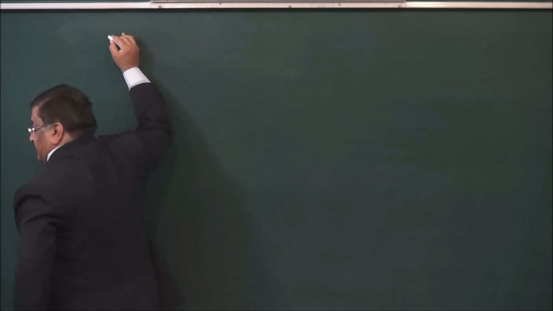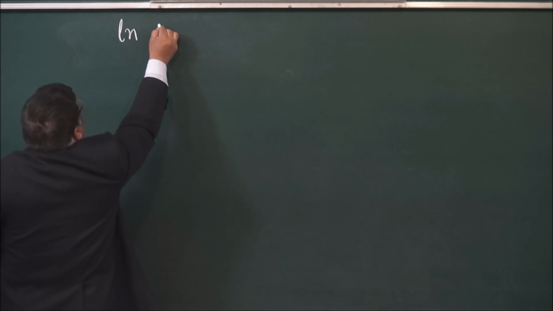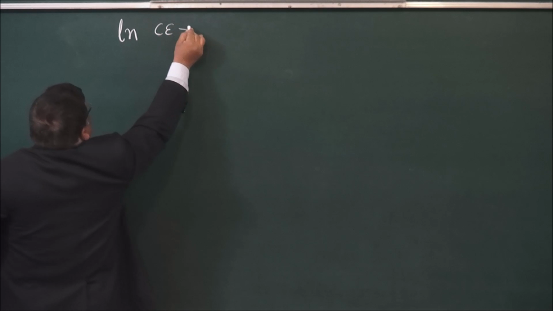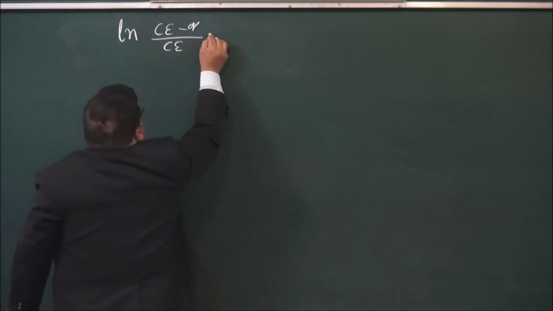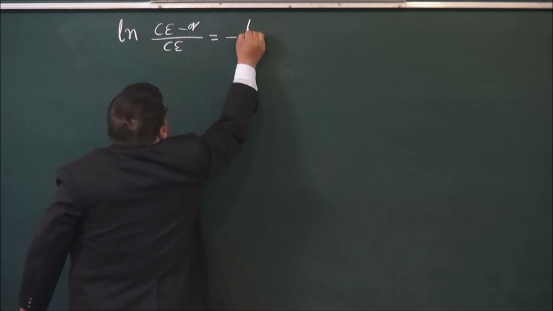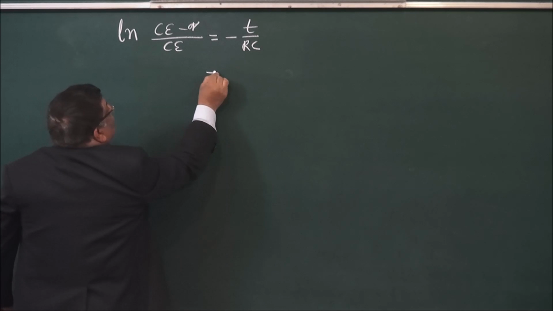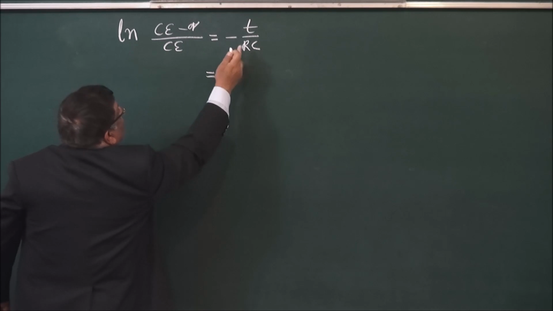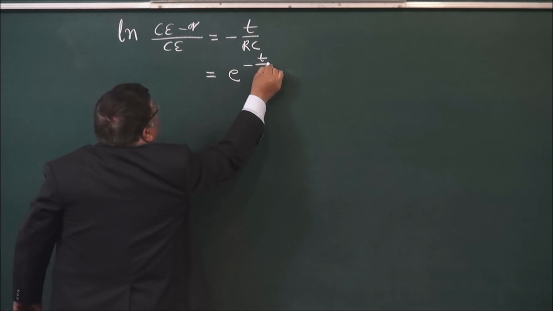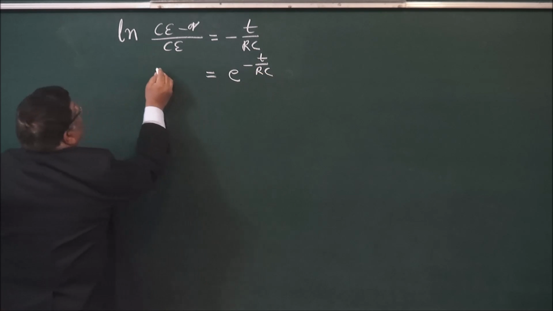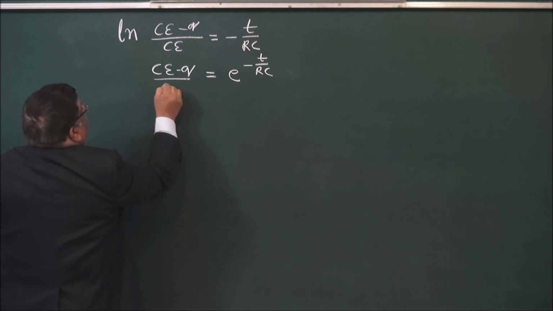This will be log natural of (CE minus q) upon CE is equal to minus t upon RC, and this gives us e to the power minus t upon RC is equal to (CE minus q) upon CE.